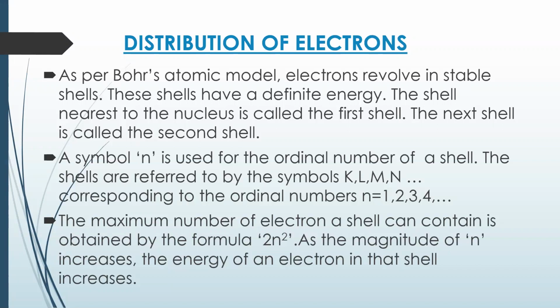The shells are referred to by the symbols K, L, M, N respectively, corresponding to the ordinal numbers n equal to 1, 2, 3, 4 and so on. The capacity of a shell is given by the formula 2n square. As the magnitude of n increases, the energy of an electron in that shell increases.